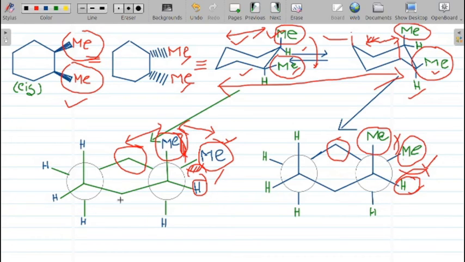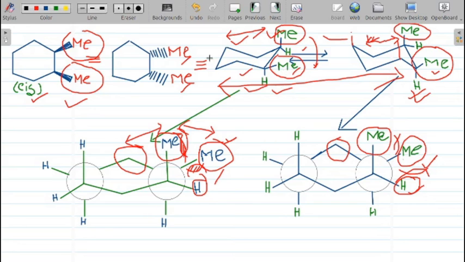The two chair conformations of cis 1,2 dimethylcyclohexane will be present in the same amount, that is, in the same composition: 50-50.